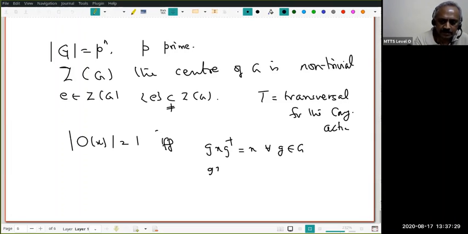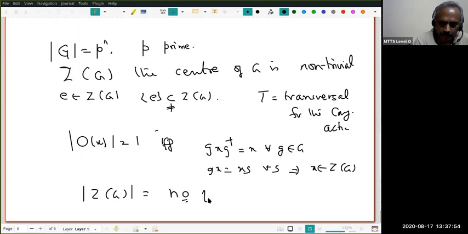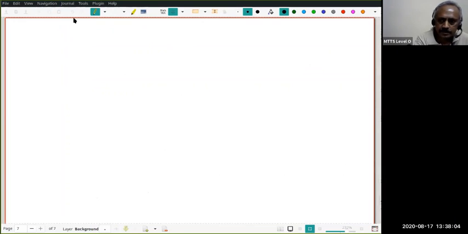But this means gx equals xg for all g. What does this say? x must be in the center of G. You understand that? Therefore, counting the number of elements in the center is exactly the same as counting the number of orbits which are singletons. Is that clear? Okay. Now we are through, right?